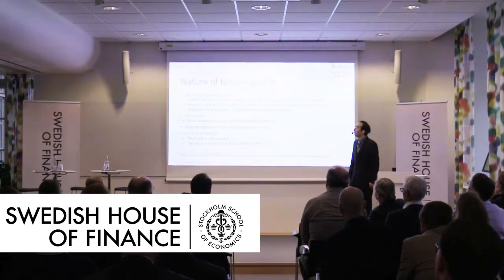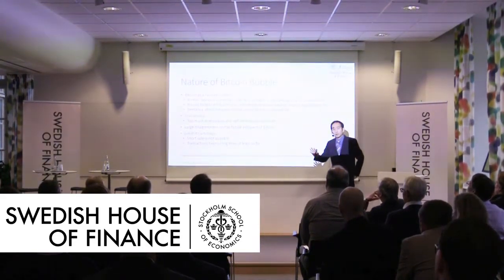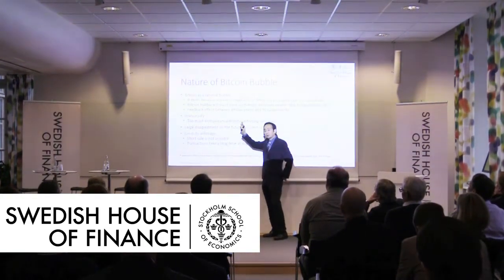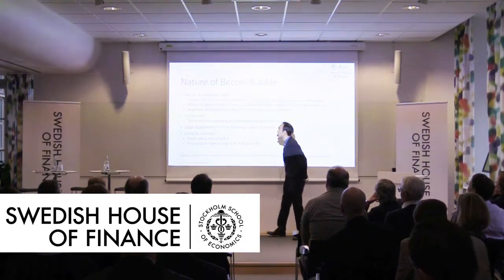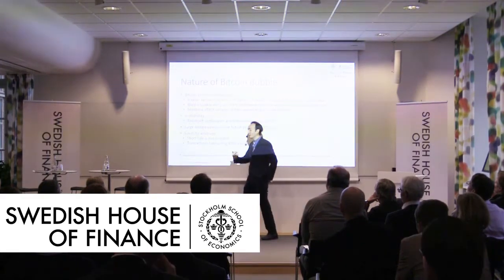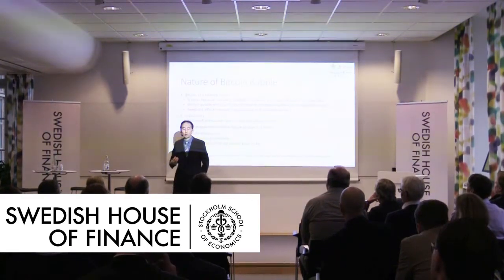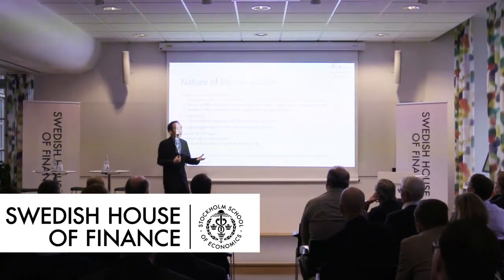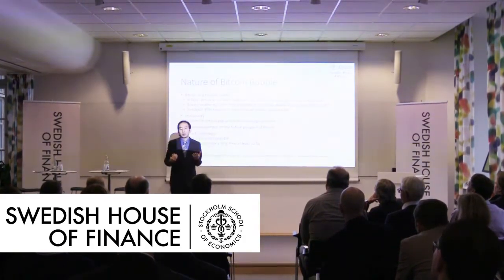That's all. So what is the nature of the Bitcoin bubble? Well, the Bitcoin bubble may have some rational bubble element. It exists because there's a market imperfection. It actually has some store of value function. Well, transactions are weak, but it's growing. If somebody asks you, would you have krona or Bitcoin?